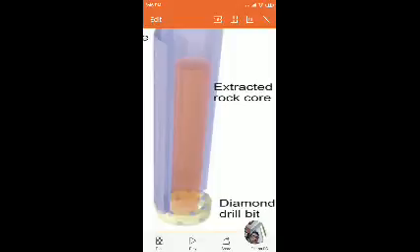Due to the rotation of the drill rod, a certain amount of breakage of rock takes place. Those powder or pieces of rock are called sludge. I hope you understand well what is sludge and what is core.